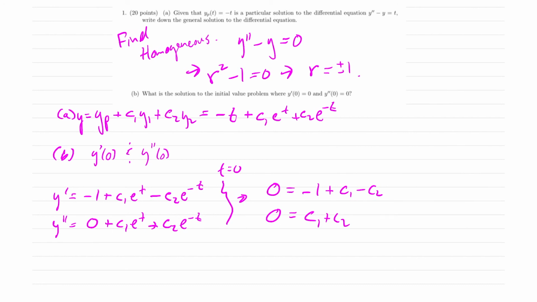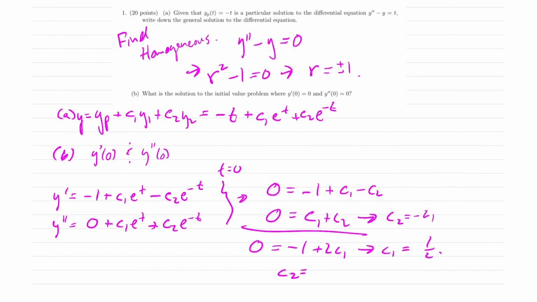Again, if we just add these two equations, we get 0 equals -1 plus 2c1, and the c2's cancel. So c1 is equal to 1/2, and c2 is equal to negative c1, just from that equation, so c2 is -1/2.